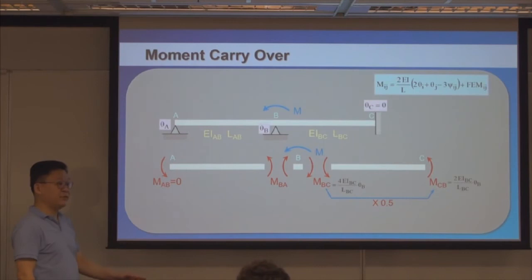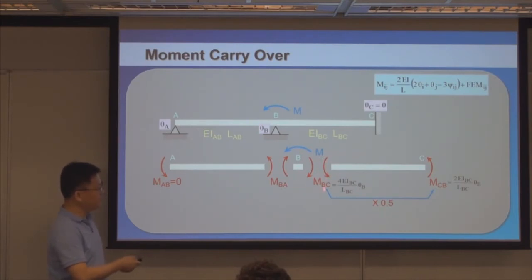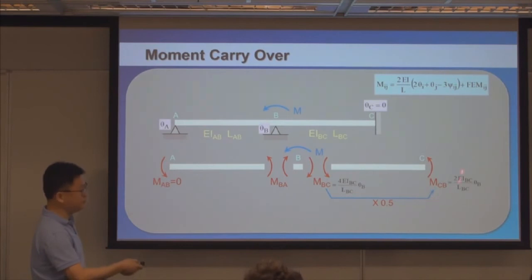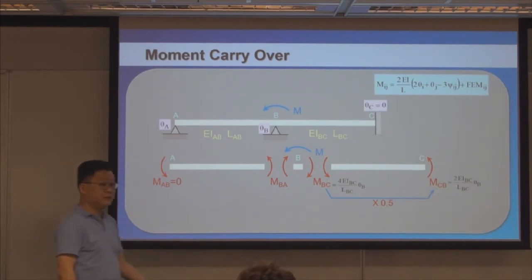It's not negative 0.5, it's positive 0.5. So whatever you obtain here, you just multiply that by 0.5 and then put it on the other side of the component. Very simple, isn't it? Same direction.